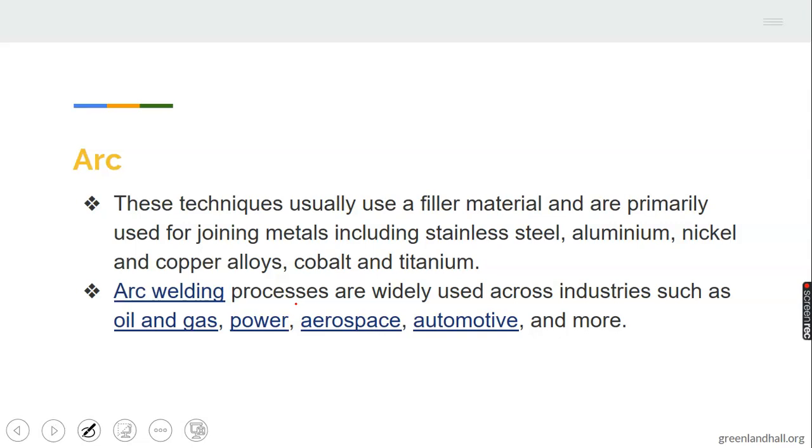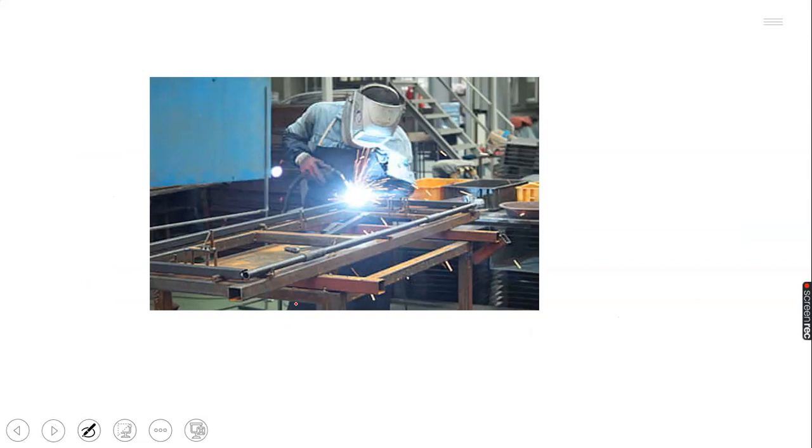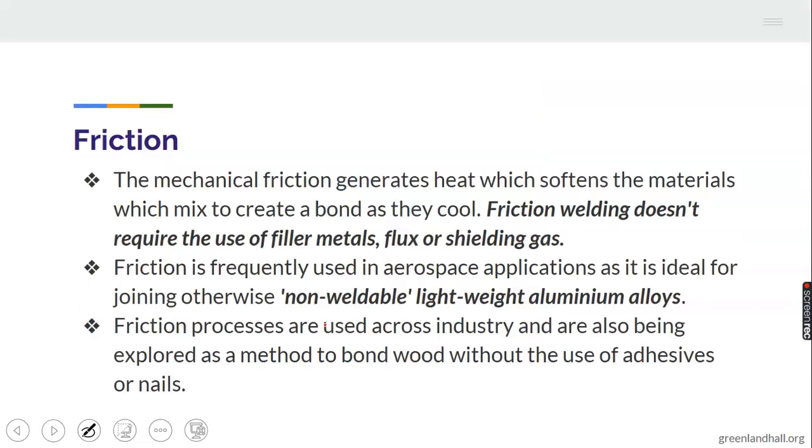Why oil and gas? You want to weld underground pipelines, so they have to use that. Even in power, aerospace, automotive, and much more, all these industries make use of arc welding. Look at this person performing the arc welding process.